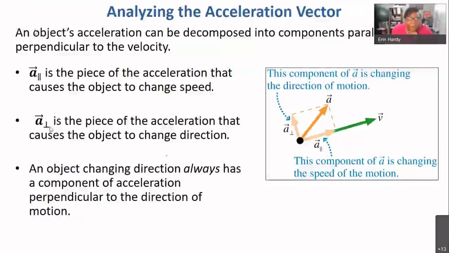Okay, so here we revisit our a-parallel, a-perpendicular notation that we saw for the first time in our discussion of objects on an inclined plane. For an object sliding down a ramp, there's one component of the acceleration that is responsible only for making that object go from slow to fast. And the other component is only responsible for changing the direction that the object is moving.